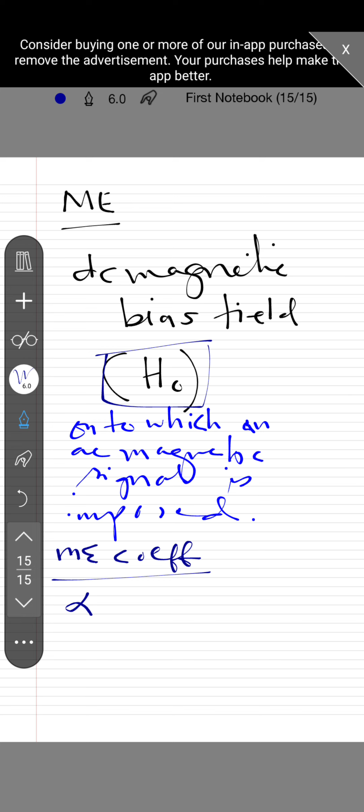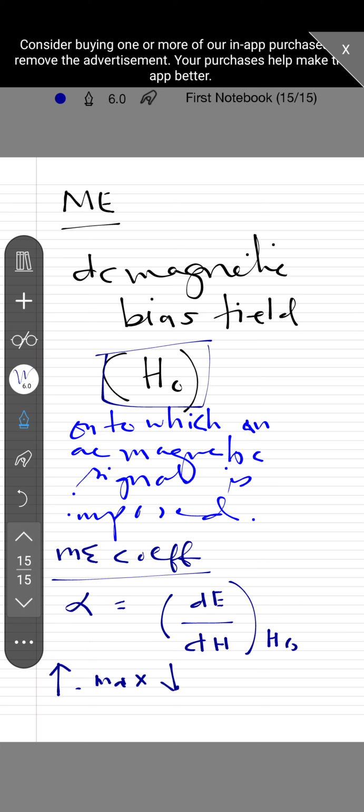It is equal to the change in electric field with respect to the magnetic field at H0. So it is assumed to first increase, reach a maximum value, and decrease thereafter at a slower rate.